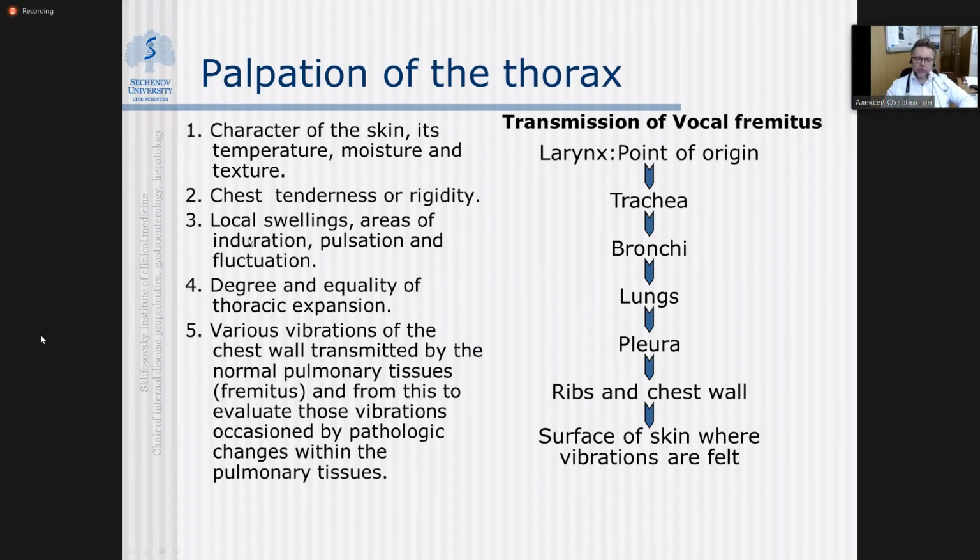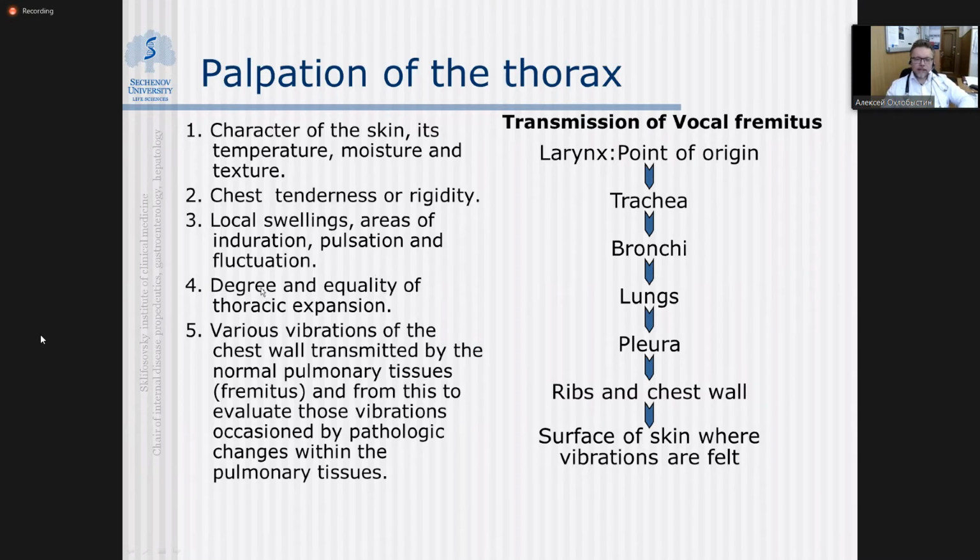Sometimes you may pay attention to some local swellings, areas of induration, pulsation, fluctuation that may be important from the point of view of evaluation of the state of the ribs, evaluation of effusion in the pleural cavity if there is a fluctuation sign, or some cardiac diseases that may have secondary manifestations from the respiratory system.